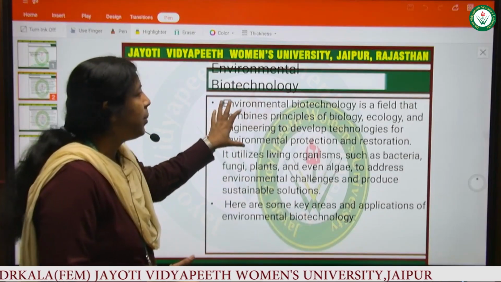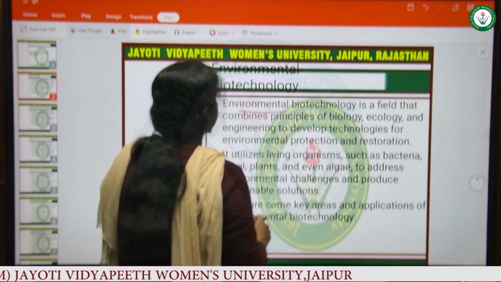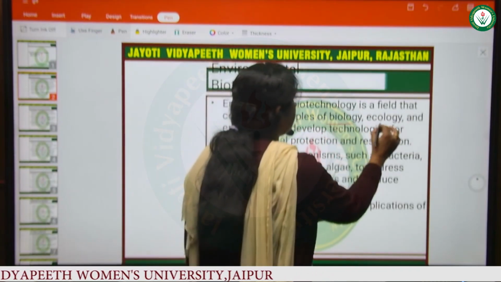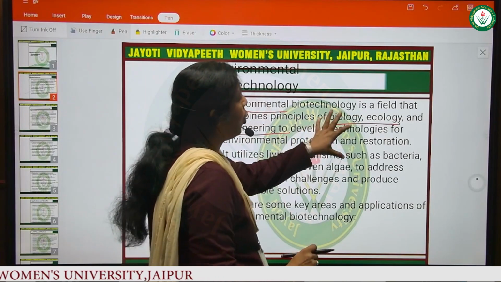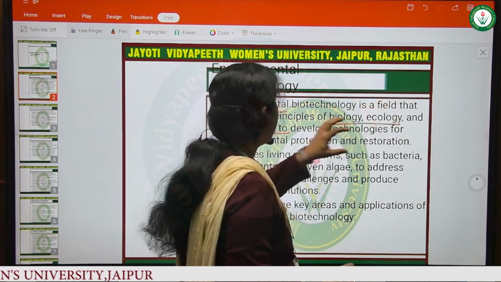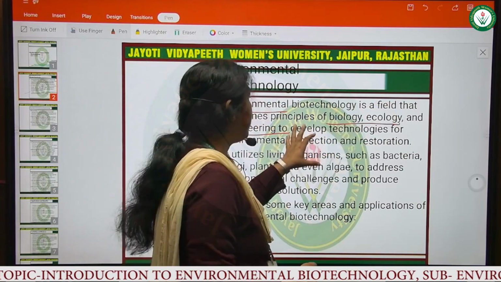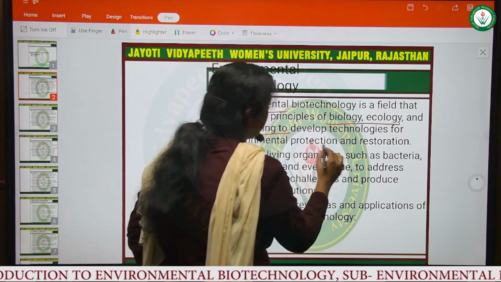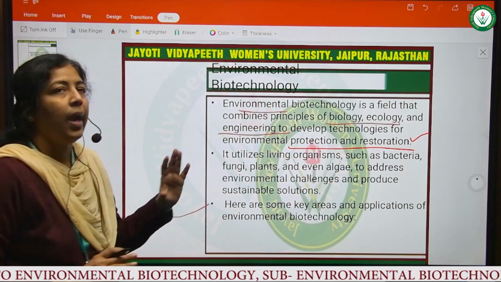Environmental biotechnology is the field that combines the principles of biology, ecology and engineering at the same time. That means all three: biology, the ecological part and engineering, to develop a technology for environmental protection and restoration. So that gives importance to environmental protection and restoration.